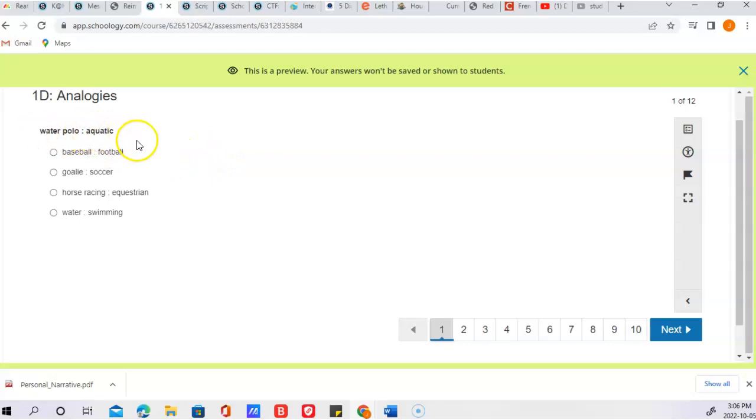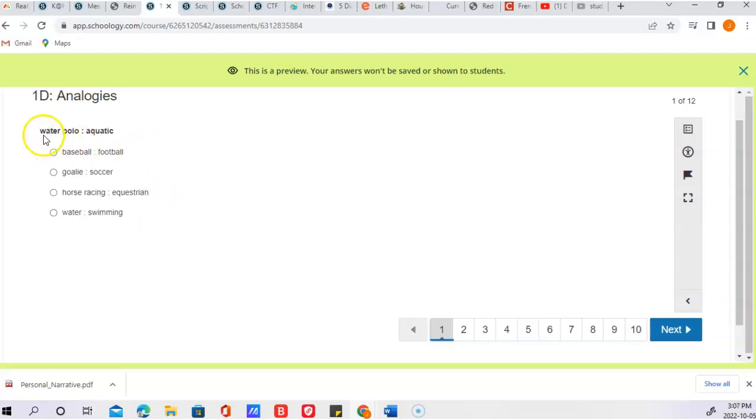Look at the words that you're given and put them into a sentence that makes sense. The way that we would read an analogy is to say water polo is to aquatic. But that doesn't really sound like a proper sentence. So put it into a sentence like water polo is an aquatic sport. And that will help you to see which answer is the best one.